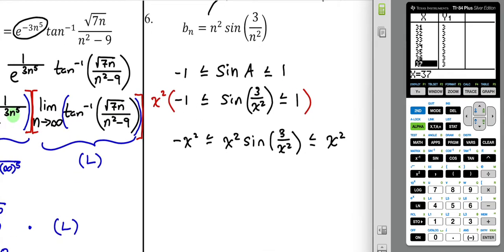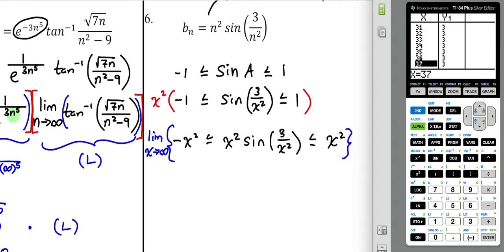Alright, and so then what I would do is I would apply the limit as x approaches infinity. Right, I kind of cut out the step where we bothered trying to see what the limit of b sub n would be as n approached infinity, because we knew how that story would end.